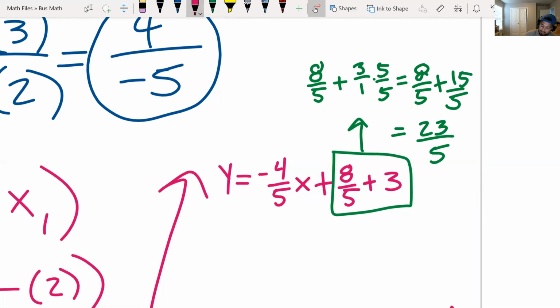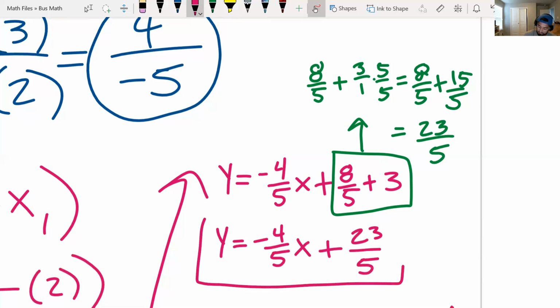So this means that we now have y equals negative 4/5 x plus 23/5. There's our slope-intercept form.